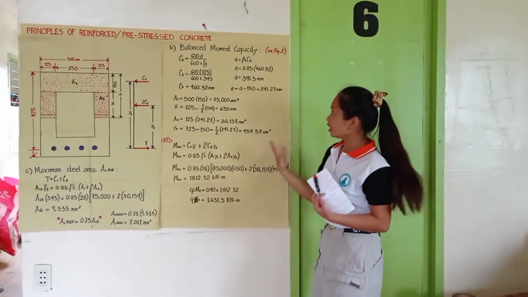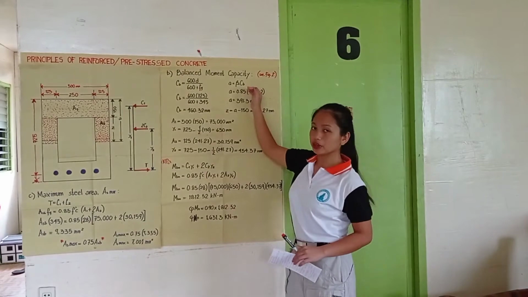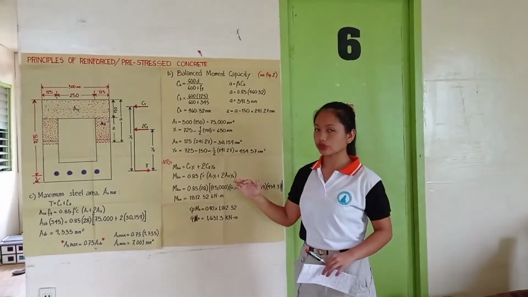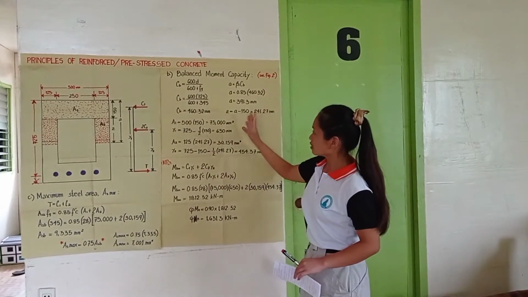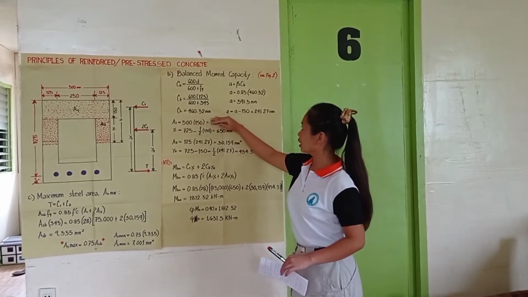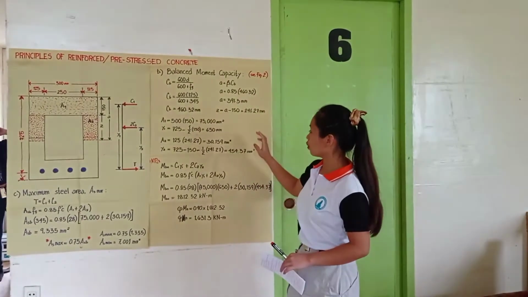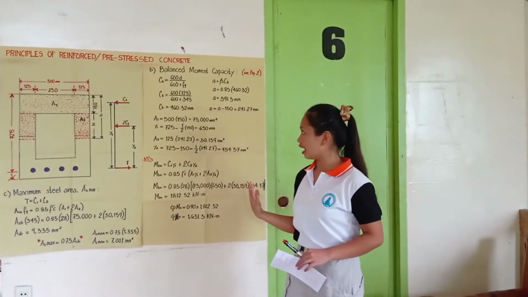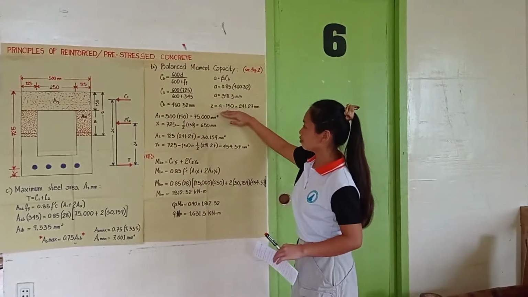Next, we will solve for our A. We have the formula A equals B1 times CB. So we will substitute the value of B1, that is constant 0.85, times CB, which is 460.32 millimeters. And the answer is A equals 391.3 millimeters. After that, we will solve for our Z, which is equal to A minus 150.